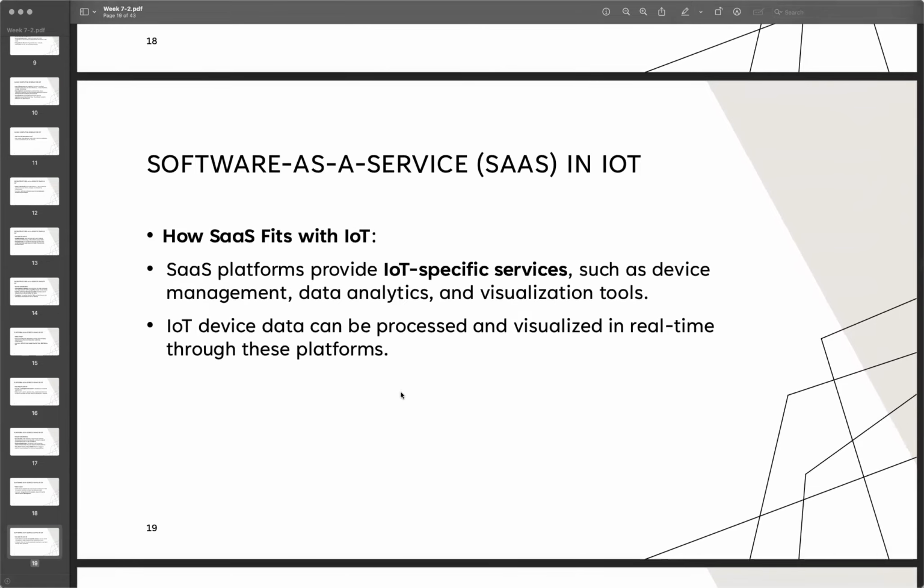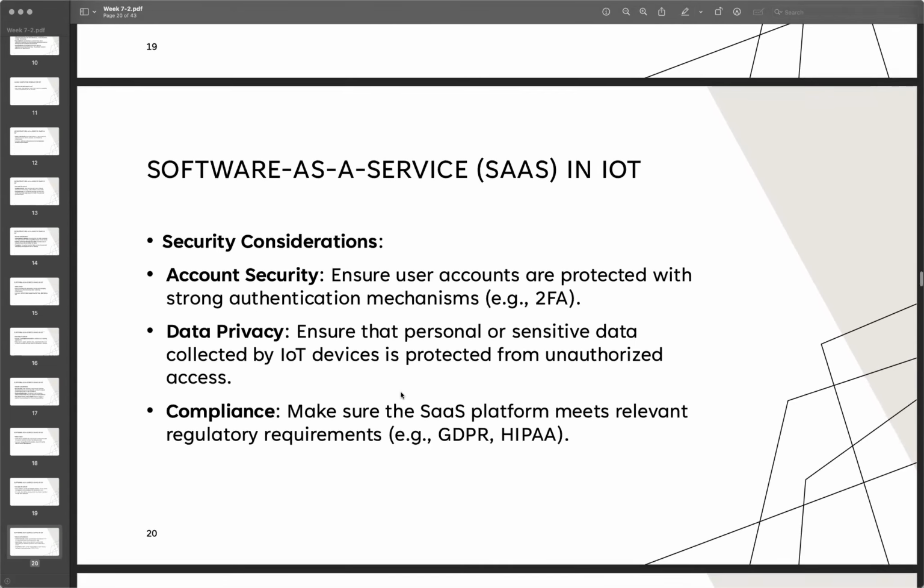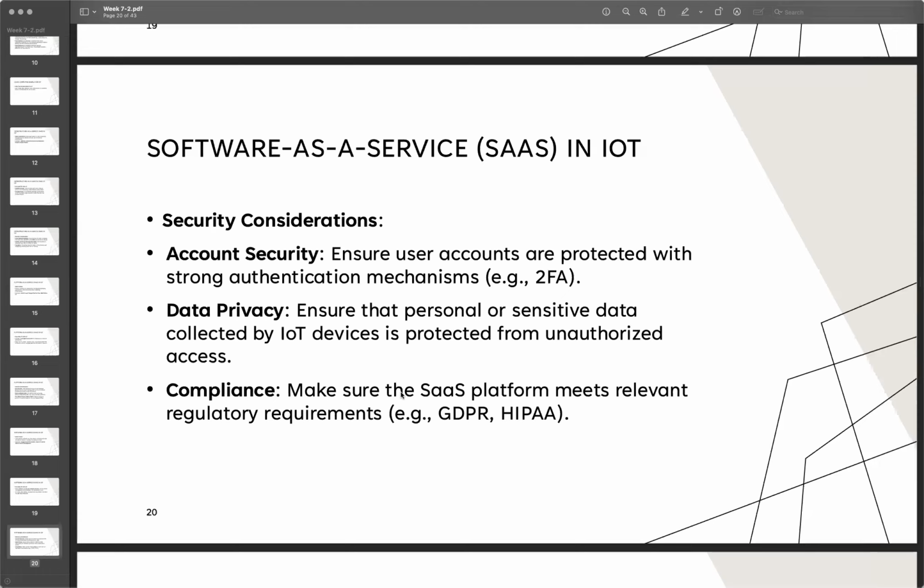If you want to provide some IoT-specific service, like device management, data analytics, or some visualization tool, then you can use it. So you can visualize the real-time data through this SaaS software. For this part, you don't need to take care of the infrastructure, and you don't have to manage the platform.